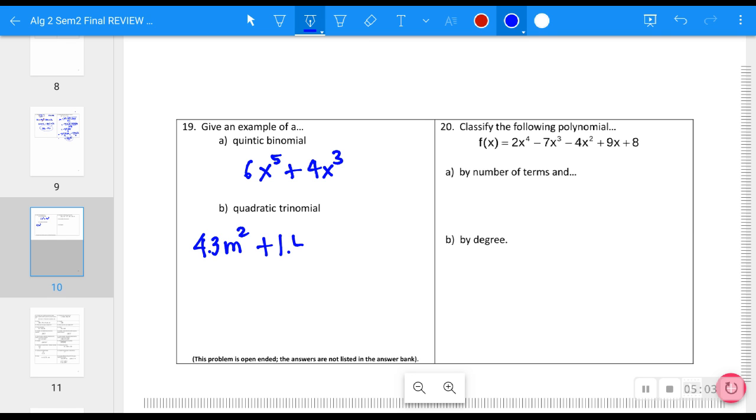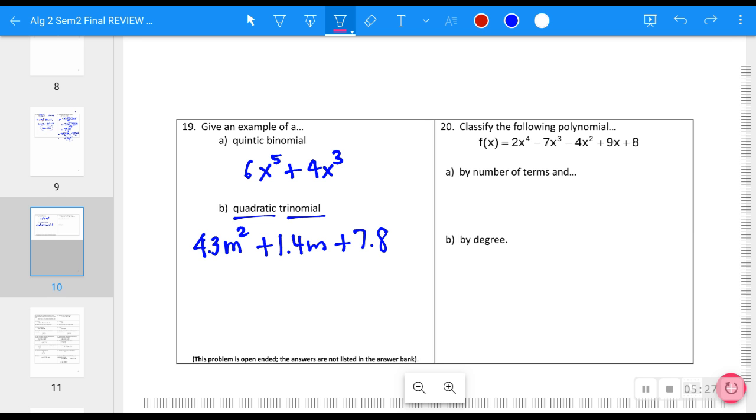Plus 1.4m, and we have a binomial now, but I need one more here, plus 7.8. And this is open-ended. You can do anything you want here as long as it fits the quadratic trinomial description. So let's make sure it meets those criteria. It's quadratic, check, and it's a trinomial, so we're good.